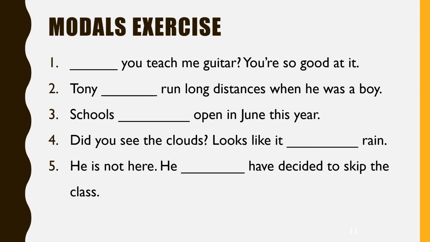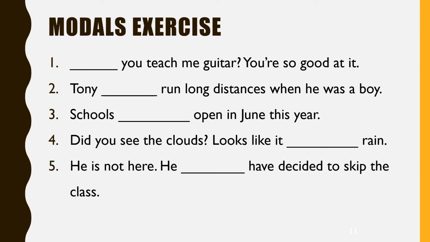Now let us read every question one by one. Now the first question, blank, you teach me guitar. So sounds like a request, right? Requesting somebody to teach a guitar. So for requesting, if it is polite, we use may.